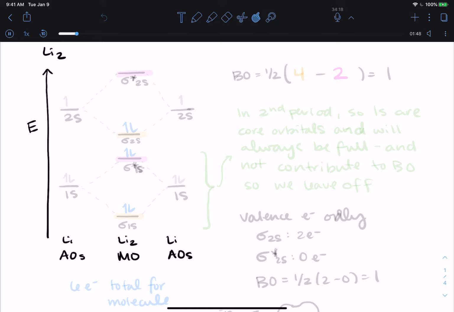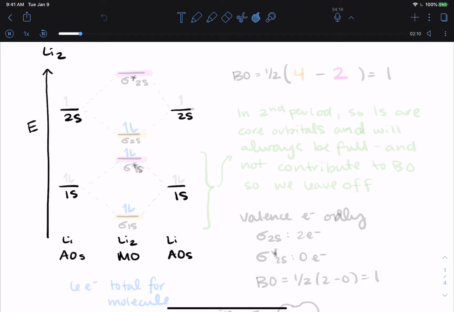So, like I said, I'm going to do just the s orbitals. So I've got a 1s here, and hopefully I'm leaving myself enough space, a 2s, which means my other lithium atom has the exact same AOs at the exact same energies.